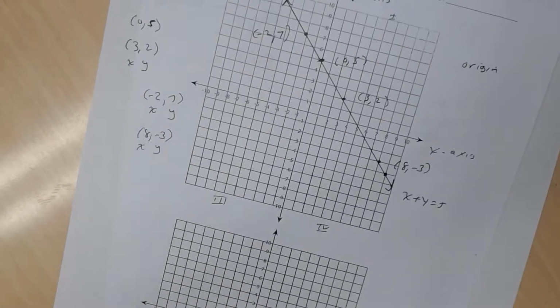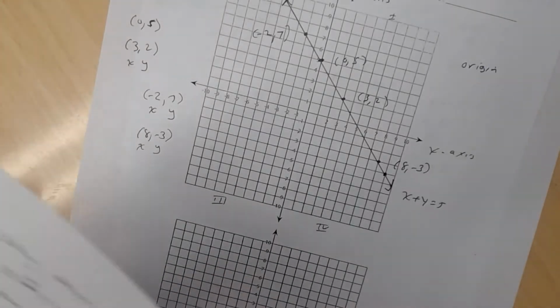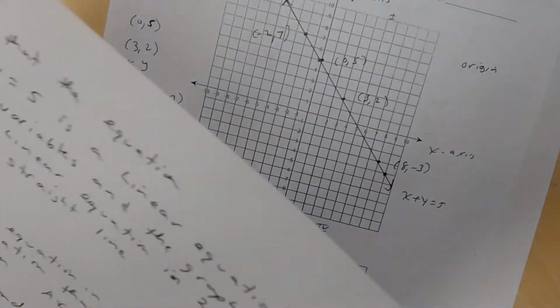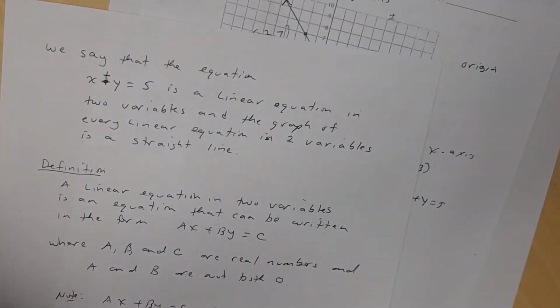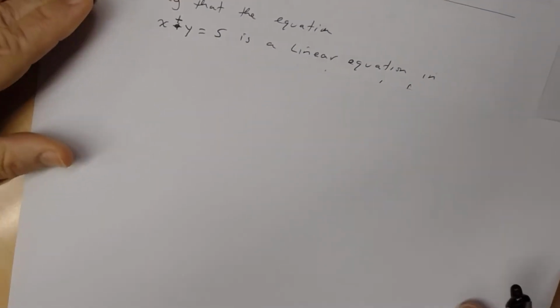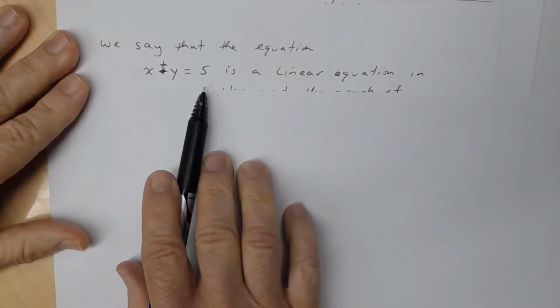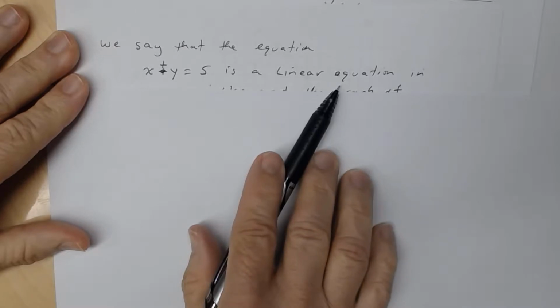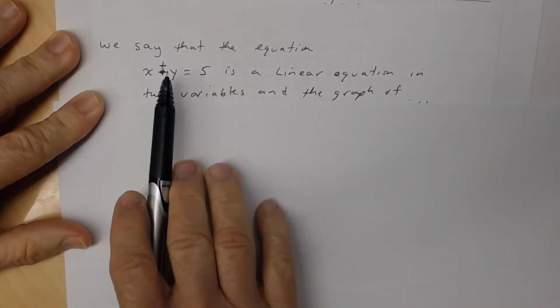Okay, now let's summarize a little what we just talked about. This equation right here, x plus y equals 5, that we just looked at, is called a linear equation in 2 variables. All right, so there are 2 variables.